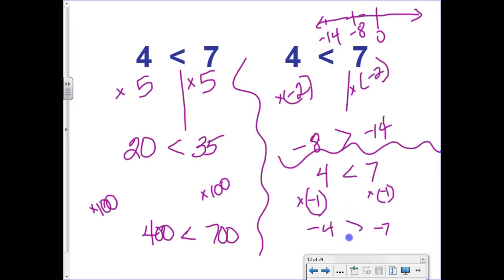I have to invert or flip my inequality symbol now when I'm multiplying by this negative value, because negative 4 is really bigger than negative 7. Very, very interesting. Put a little squiggle line here. That gives us something to think about.